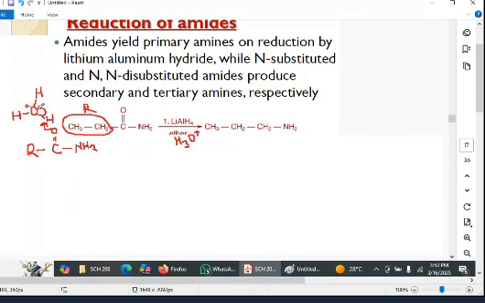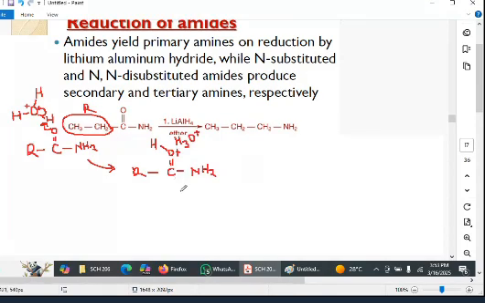So this one balances the charge there. So what we are going to have is this one, which is very important. We have the double bond. This one becomes positive. Then this remains intact like that.